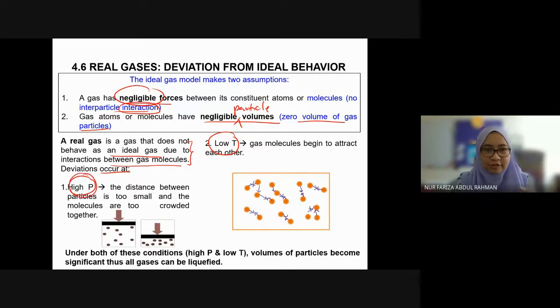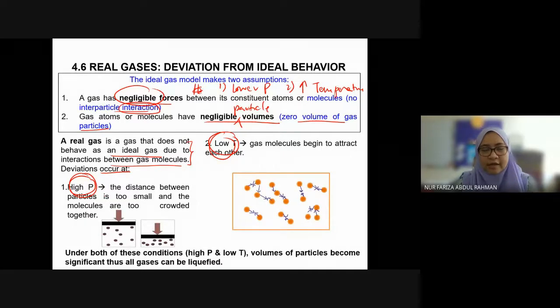It must be the opposite to this. It behaves as an ideal gas at low pressure and, secondly, high temperature. It must be the opposite to these two. Later when a question comes out, make sure you read carefully whether it asks for when it behaves as ideal or when it deviates from ideal, to behave like a real gas. Please read carefully, you have to know.